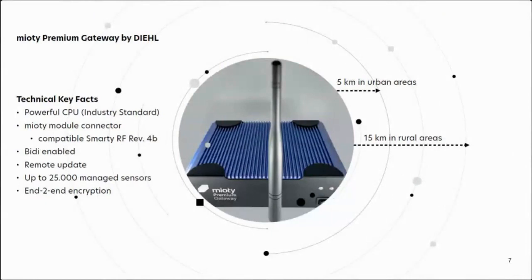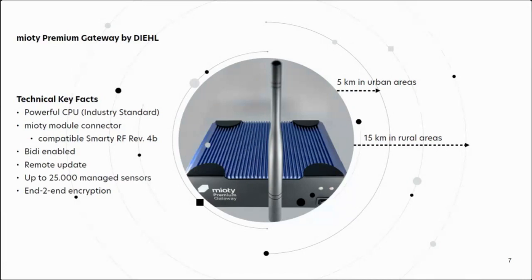GREATECH is developing and testing with the Mioty Premium Gateway by DIA. So that means we have a gateway available at one of our locations, a laboratory for testing. Some hard facts about this gateway. In urban areas, you have a 5-kilometer range approximately, and in rural areas up to 15 kilometers radius.